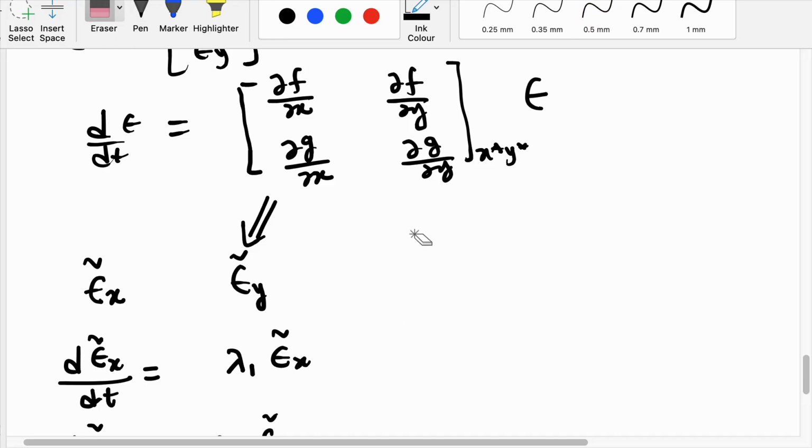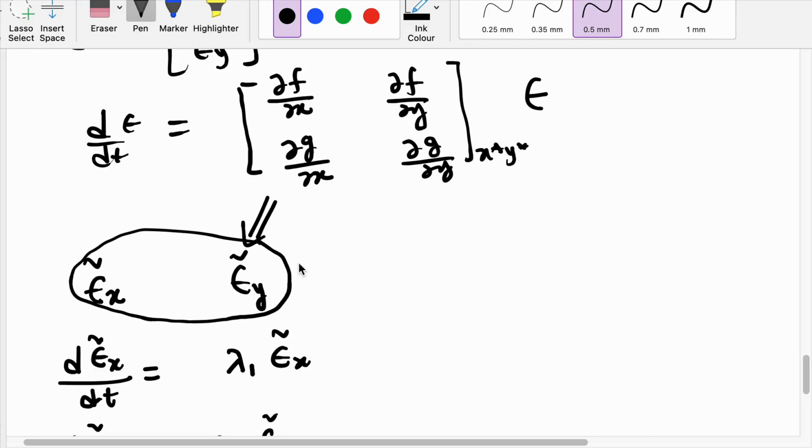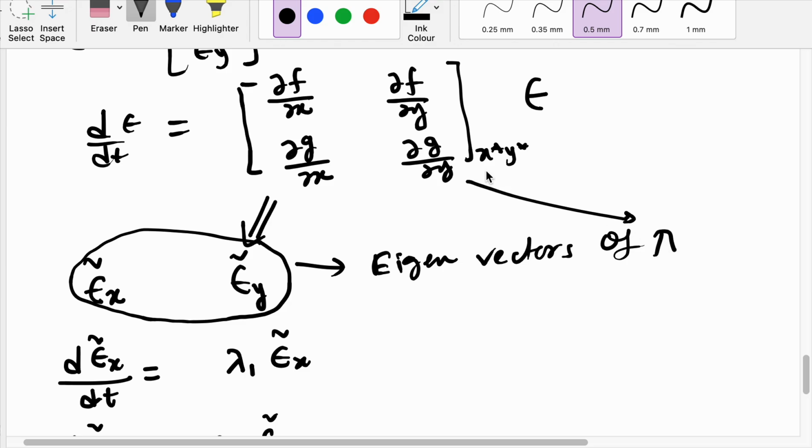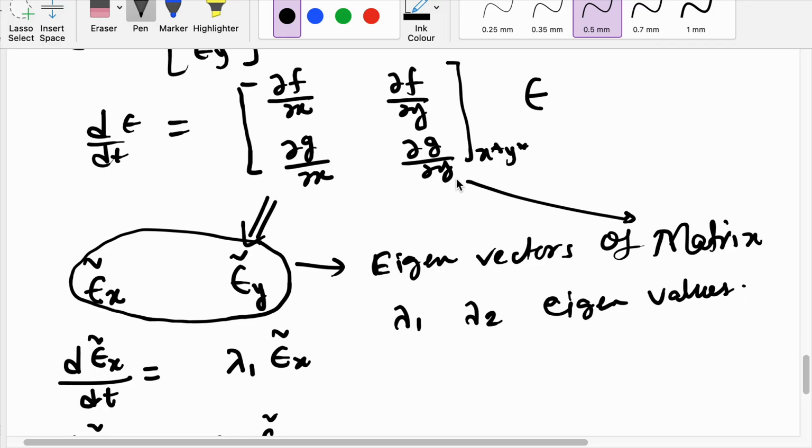So epsilon x and epsilon y are nothing but the eigenvectors of this matrix A, and lambda 1 and lambda 2 are the eigenvalues corresponding to this matrix.